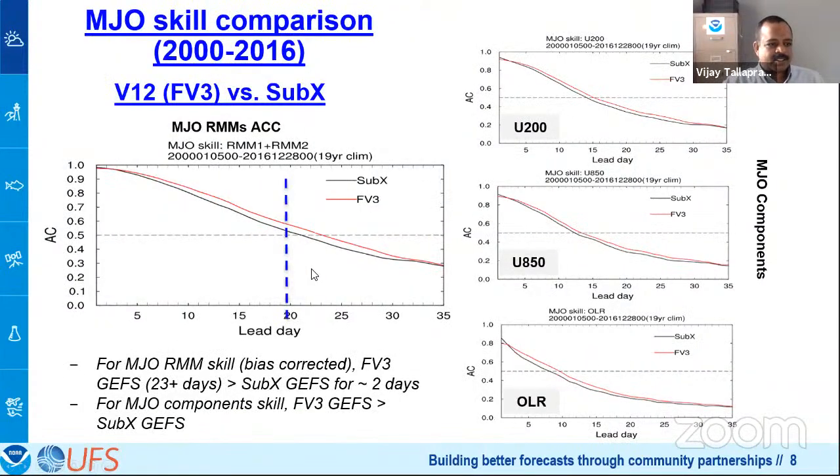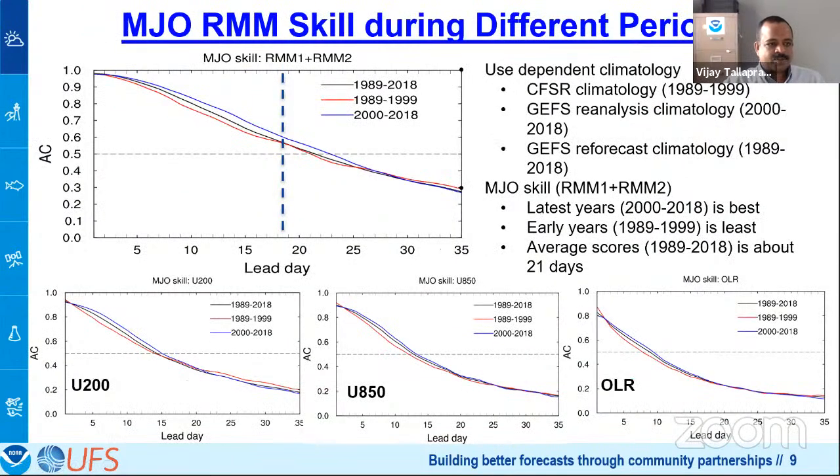We also looked at the comparison with SubX. This is only for a small period, like 2000 to 2016. Here also we can see the FV3-based GEFS-v12 has an advantage of about 2 days compared to the SubX. Similar improvements are shown for the MJO components. We also looked at the performance of GEFS-v12 by decade, and I think we found that the 2000 to 2018 period has the highest skill, followed by the other 2 decades.